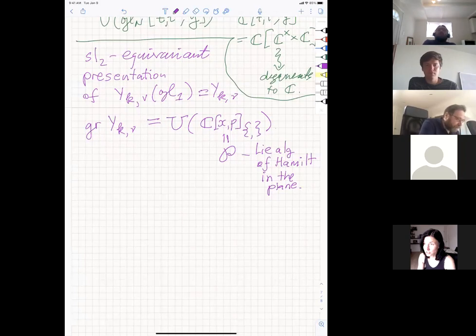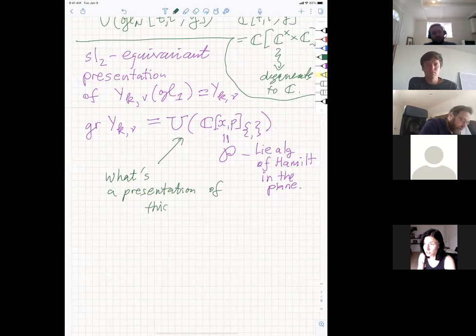So to present this algebra Y_{k,nu}, we first consider a presentation of this, and then we deform this presentation to show that there is essentially a unique way to deform it to preserve filtrations, and that will give us this Y.